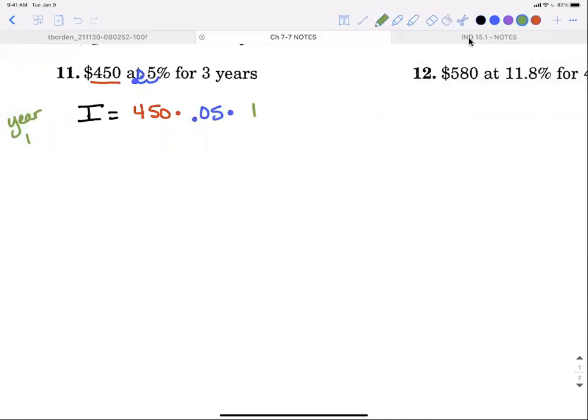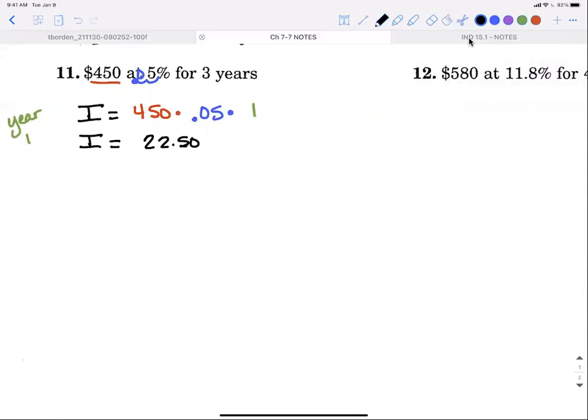So when I run that through my calculator, what do we get, Blake? 450 times 0.05. Yeah, sorry, I don't know what I punched the first time. But all right, so for the first year, we earned $22.50 in interest.